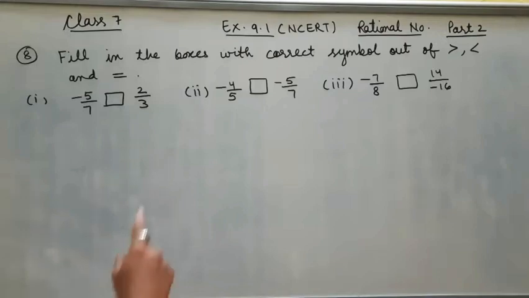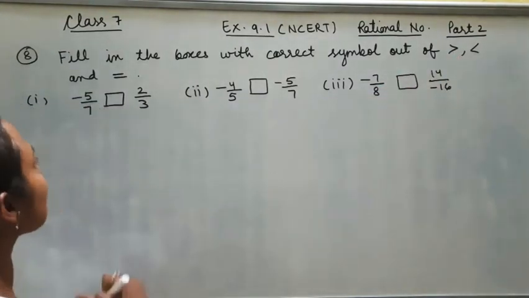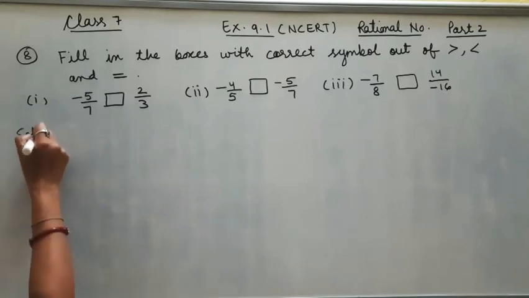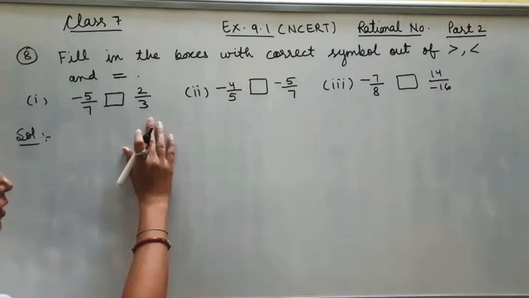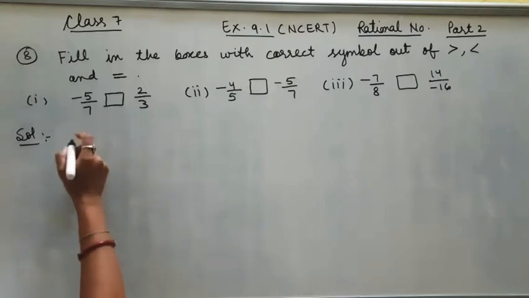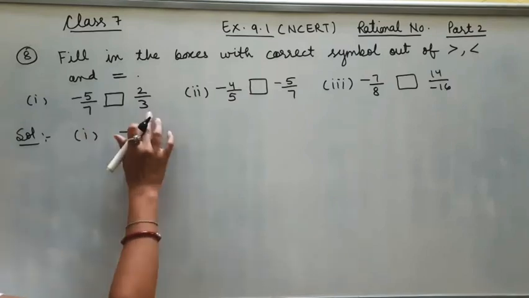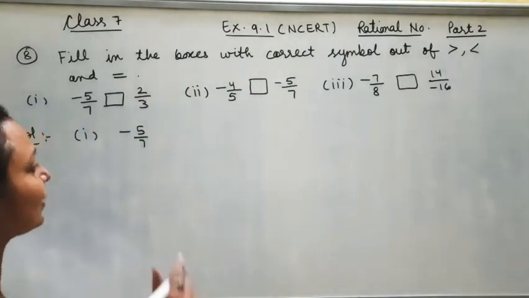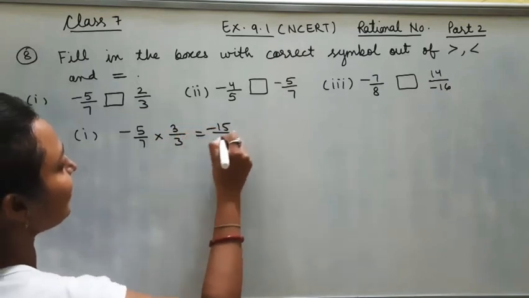The next question is, you have to fill the boxes using less than, greater than and equal to signs. Before doing this, I want to make the LCM the same. I want to find the same denominator. For this, I will take minus 5 by 7. Out of 7 and 3, the LCM is 21. So I will multiply it by 3. That is minus 15 by 21.